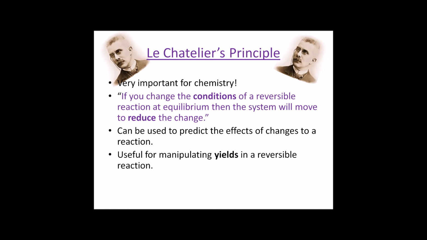And that's particularly important for manipulating yields in a reversible reaction, because obviously if you've got a reversible reaction, you make your product, but at the same time some of your product is spontaneously going to break down to make some of your reactant. So we need to figure out a way to stop this happening so we can maximize our yields. Higher yield, greater profit. And yield, if you don't know, is how much of something you make.